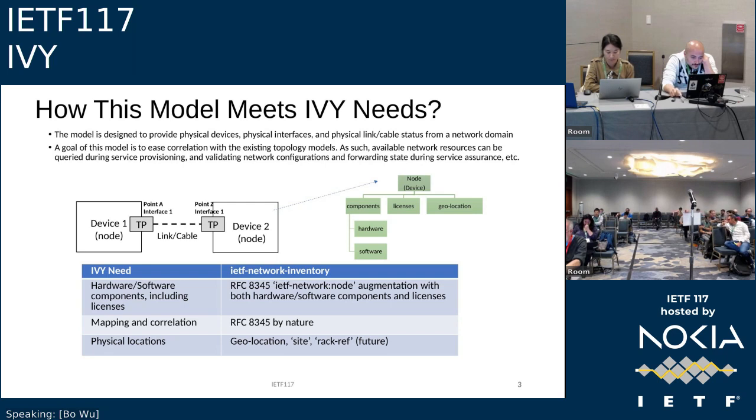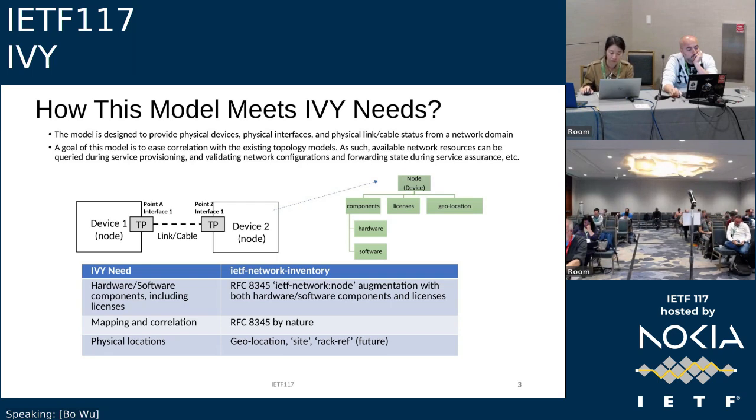Daniela just mentioned this. For hardware, software components, including licenses, we augment the IETF node list to support these items. For mapping and correlation, the design of RFC 8345 supports this by nature.